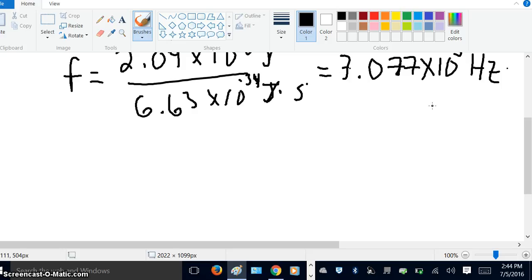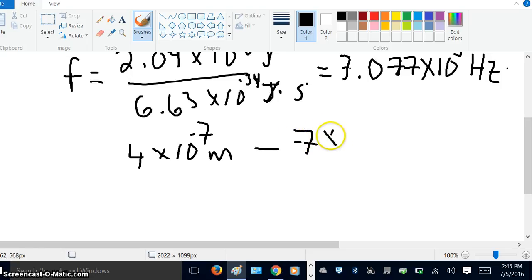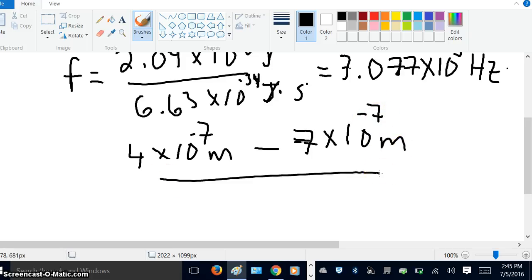So the visible spectrum is from 4 times 10 to the minus 7th meters to 7 times 10 to the minus 7th meters.